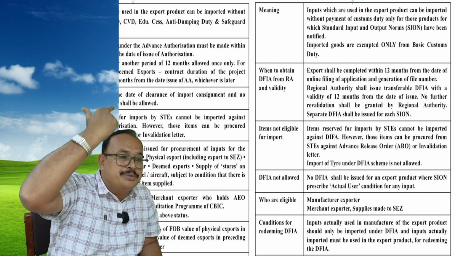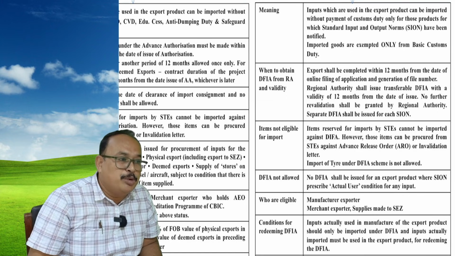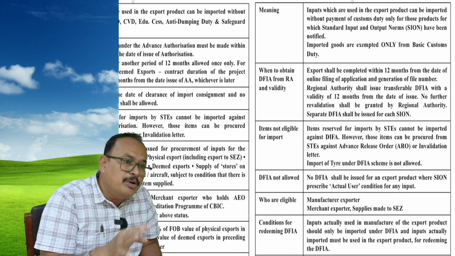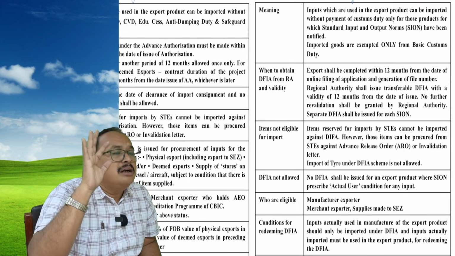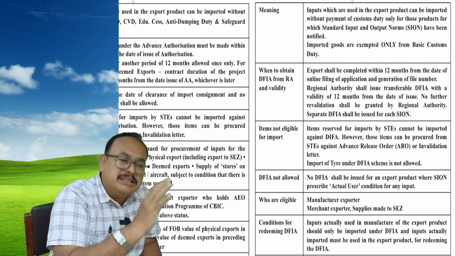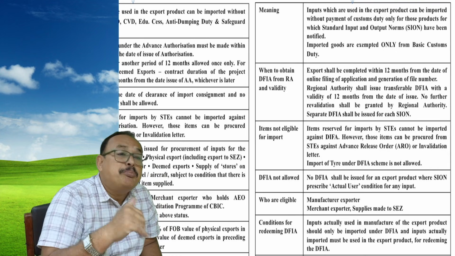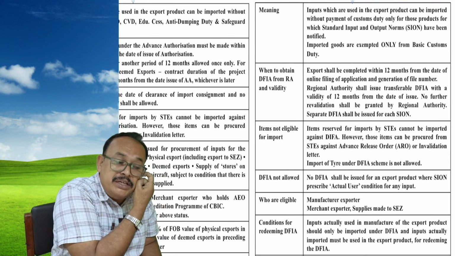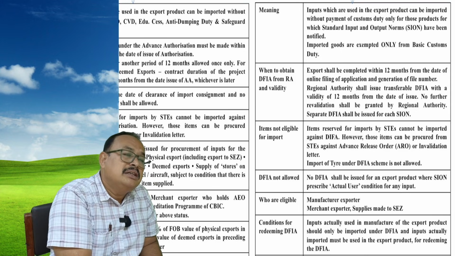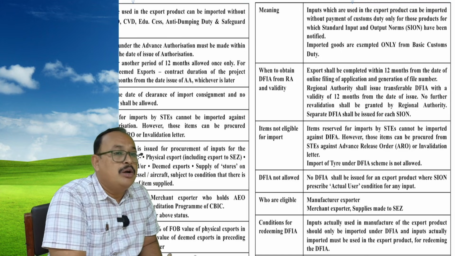He is called a merchant exporter. So DFIA, who are eligible? Manufacturer exporters, merchant exporters, and supplies to special economic zone unit holders are eligible to avail DFIA only after export.